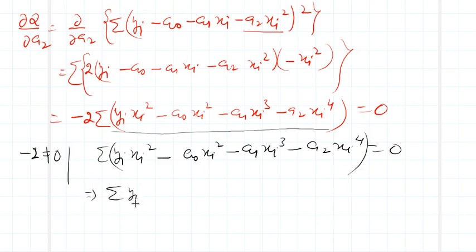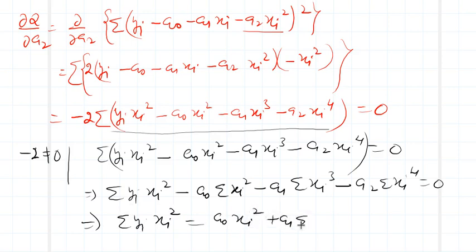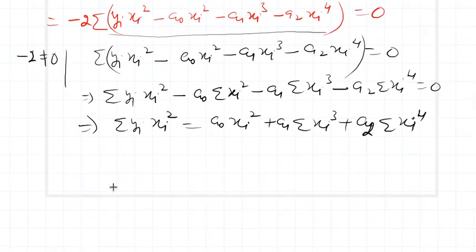That means summation yi xi square minus a naught summation xi square minus a1 summation xi cube minus a2 summation xi raised to power 4 is equal to 0. This means that summation yi xi square is equal to a naught summation xi square plus a1 summation xi cube plus a2 summation xi raised to power 4. So this is the third equation which I am getting.